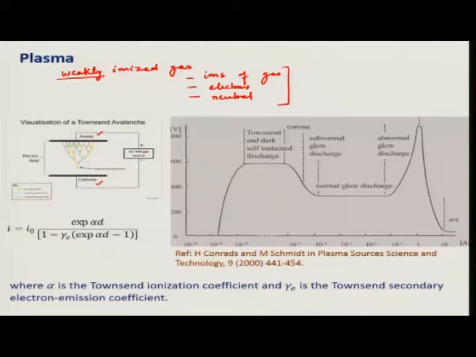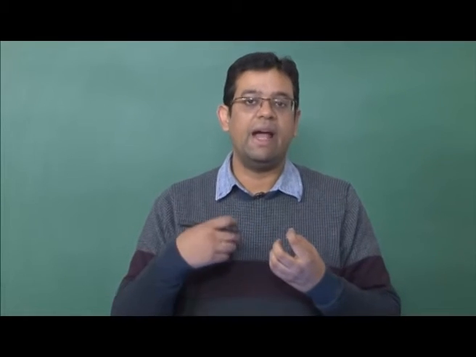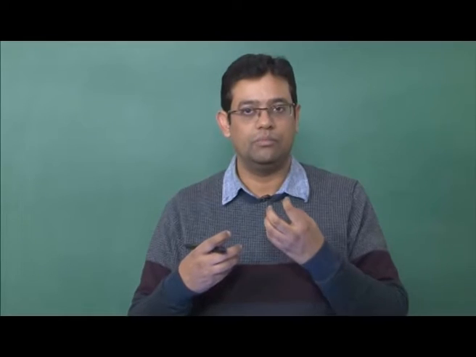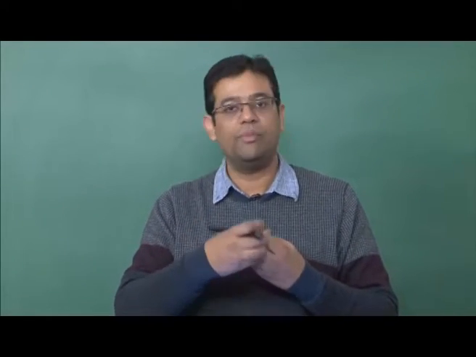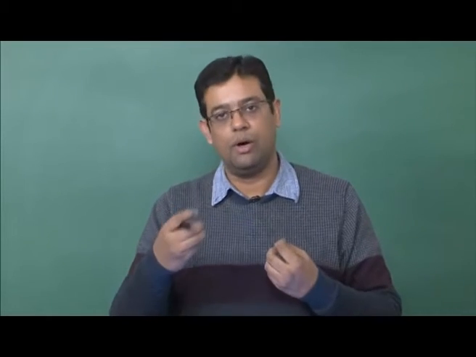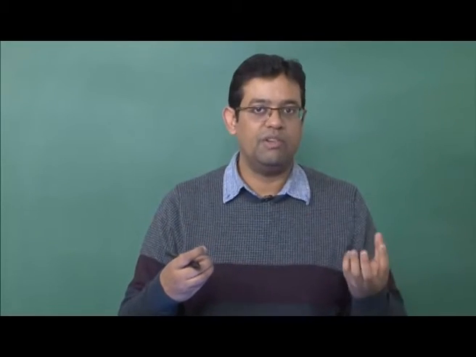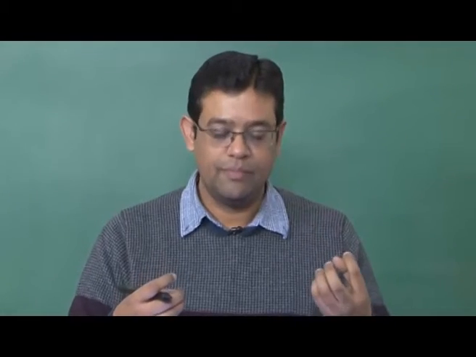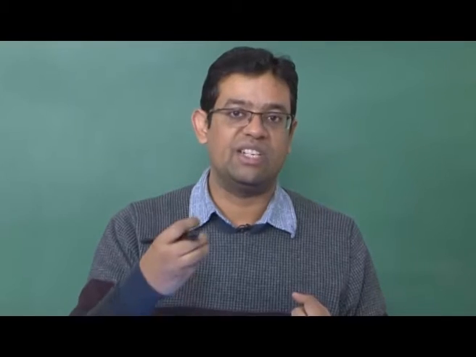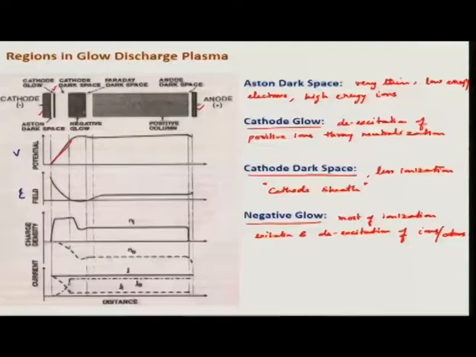As it is accelerating, it will collide with a gas molecule or atom, and in the process it will ionize it. One electron from the gas atom will come out, and there would be a positively charged ion of the gas, and also you will have one additional electron. Now, these two electrons will be accelerated by this potential.